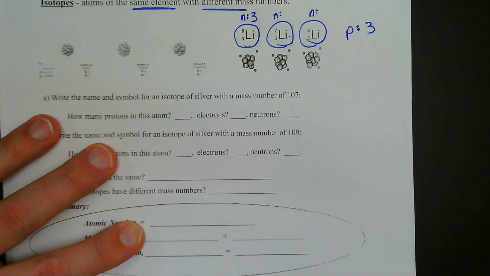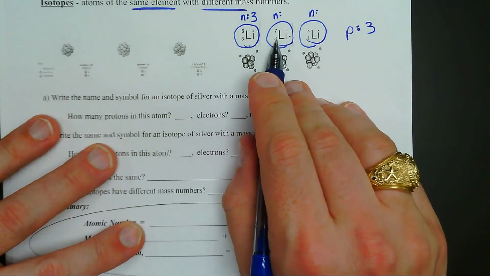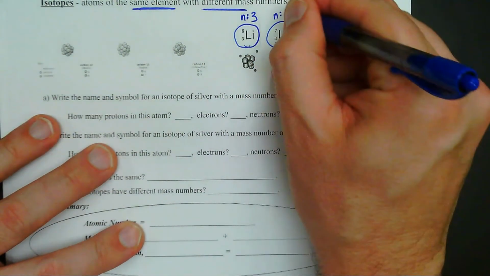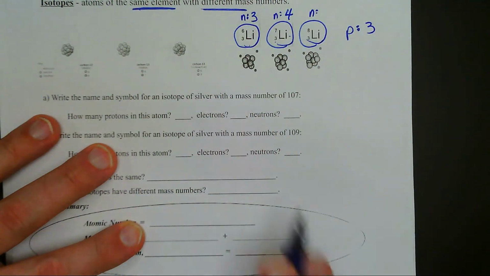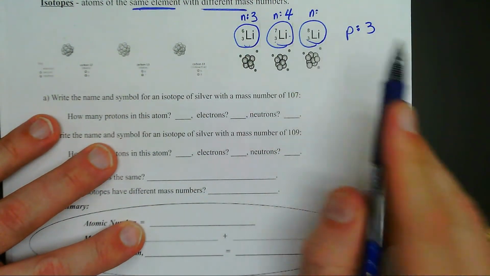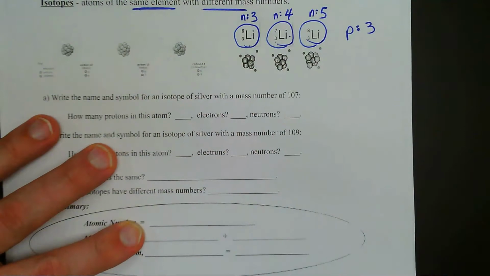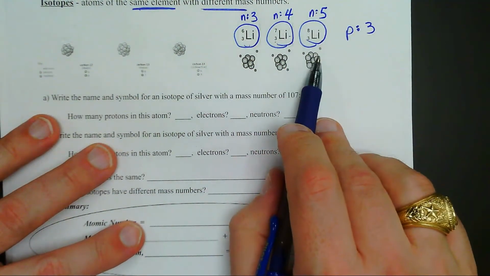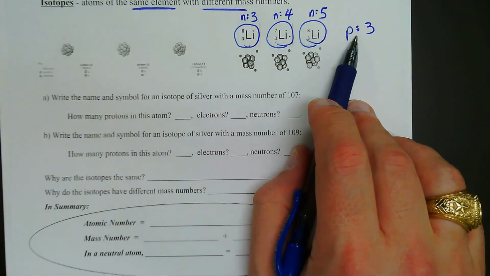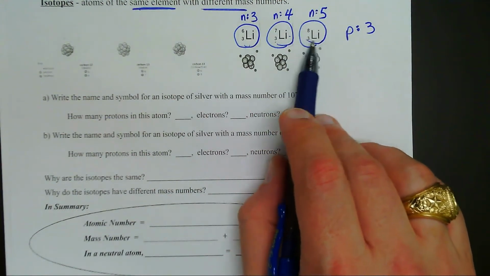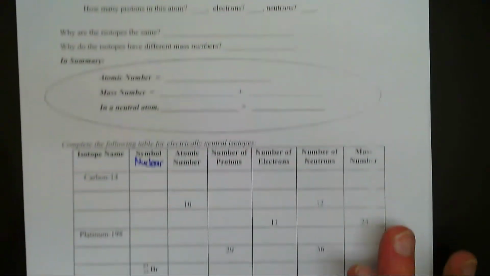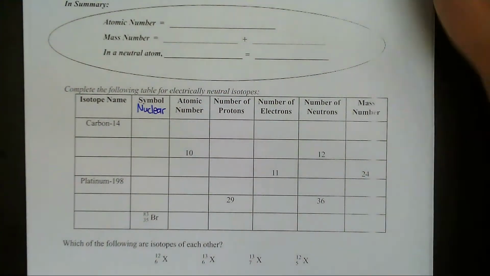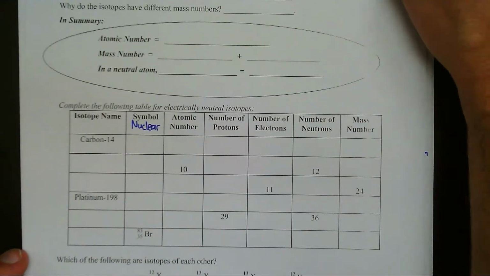That would give me 3 neutrons. 7 minus your 3 protons would give us 4 neutrons. And for the final one, 8 minus 3 would give us a total of 5 neutrons. So you can tell you've got to be careful that these numbers are correct to get those questions down here. Okay, if you want to get those correct, you got to pay close attention.